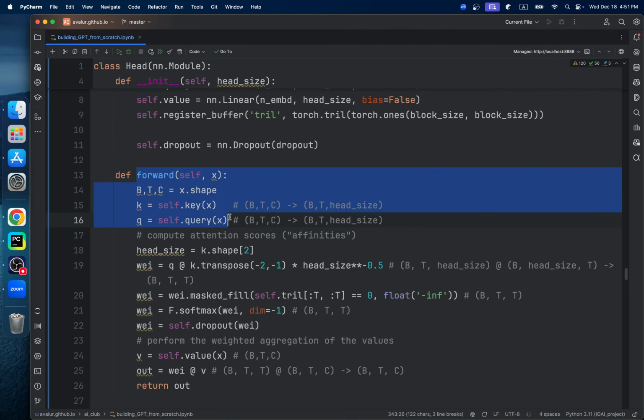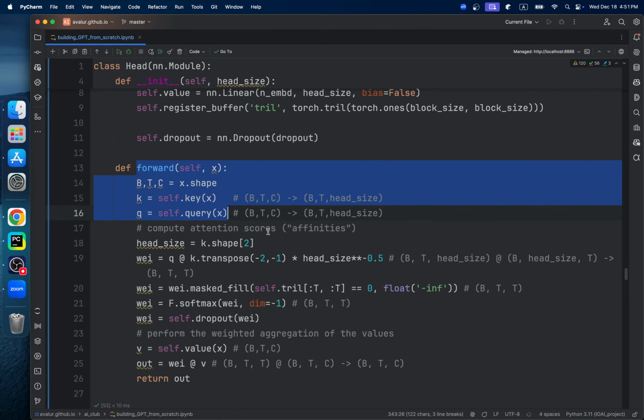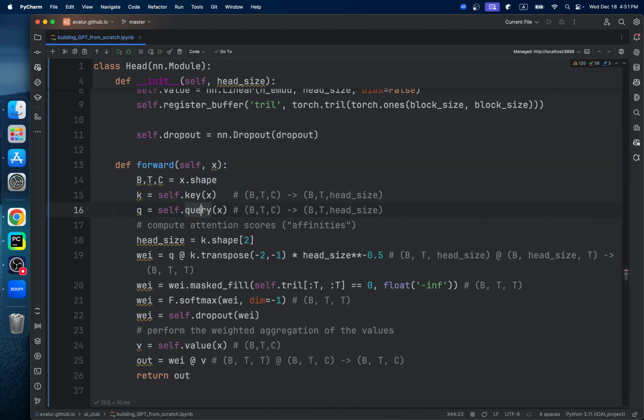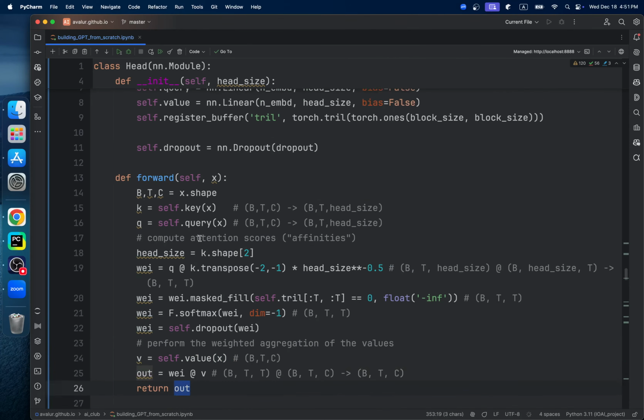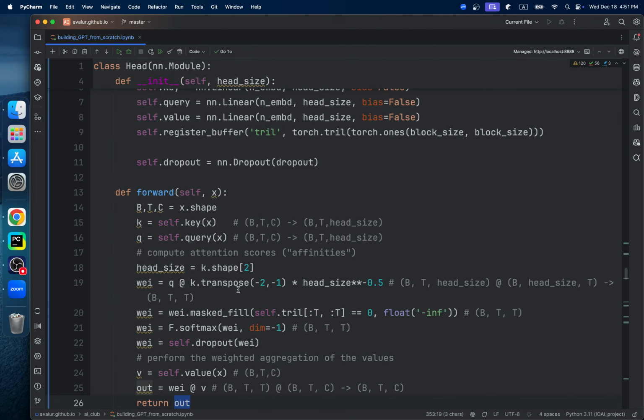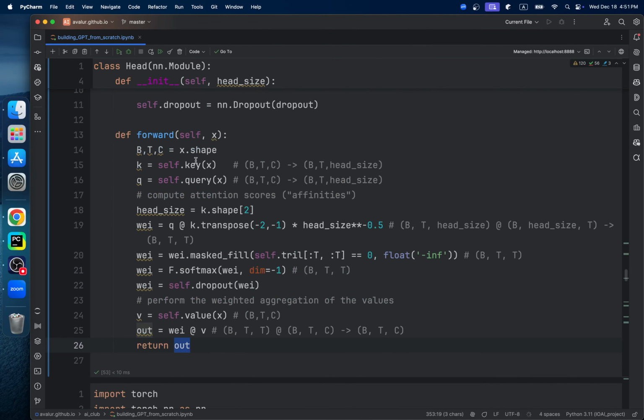It is the same as we discussed earlier. Based on the linear layers of key, query, and then in the end value, we perform the forward pass for the attention head, and it means that we take X with shape BTC and return the result, out, with actually the same shape.